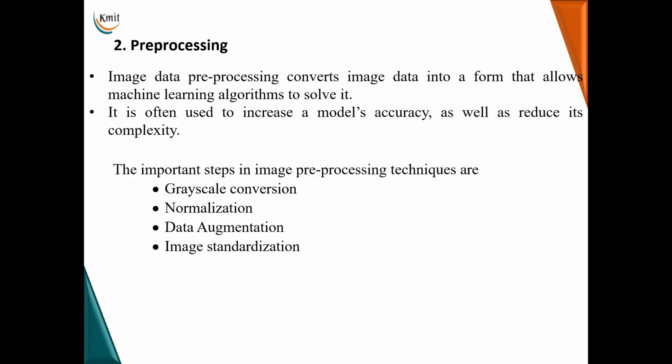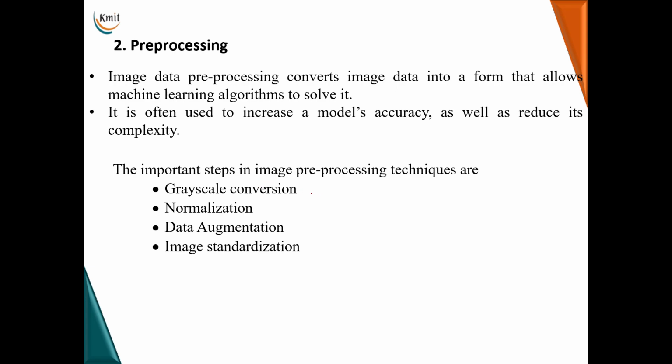Coming to the next step called pre-processing. In pre-processing, what we do is we standardize the image. That is, this method is used to ensure that uniformity in size and resolution is maintained for further processing. Image must be pre-processed and scaled to have identical width and height before we feed that image to the learning algorithm.